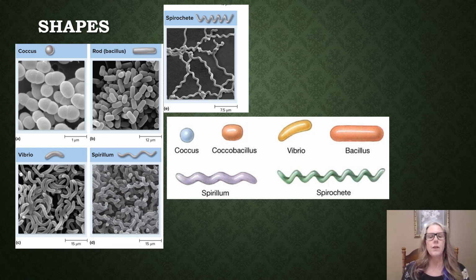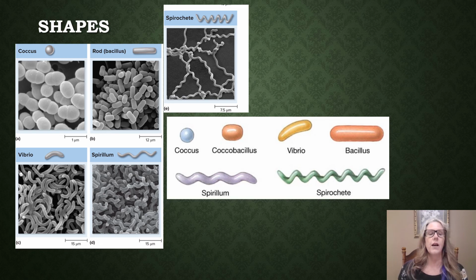There is a shape that is in between a coccus and a bacillus, and we call that a coccobacillus. So it's not quite spherical, but it's not really long like most of the bacilli. Then we have ones like Vibrio, and Vibrio reminds me of a comma.